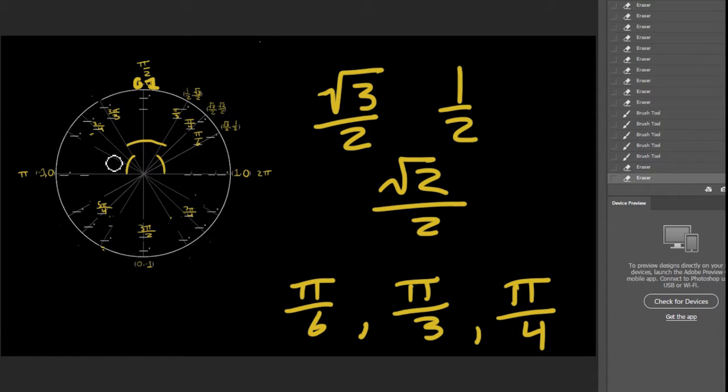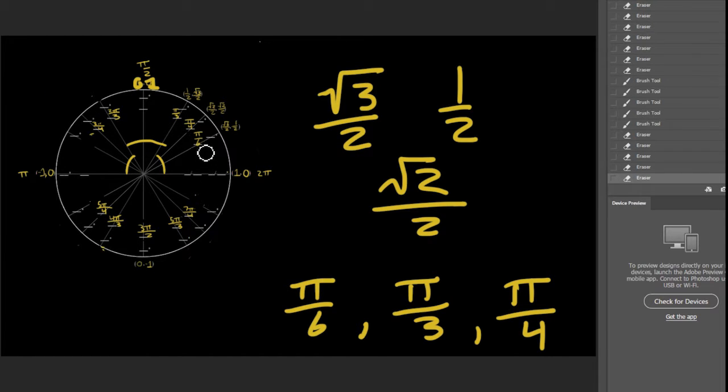Then this should become 3 pi over 3, which is pi. Then you go down here. That should become 4 pi over 3, right? Yep. And then you go to here, that should be 5 pi over 3. So you always have to have that constant visualization of where these are in relation to each other. And then you come down here. Obviously, it's going to be 6 pi over 3, which simplifies to 2 pi.